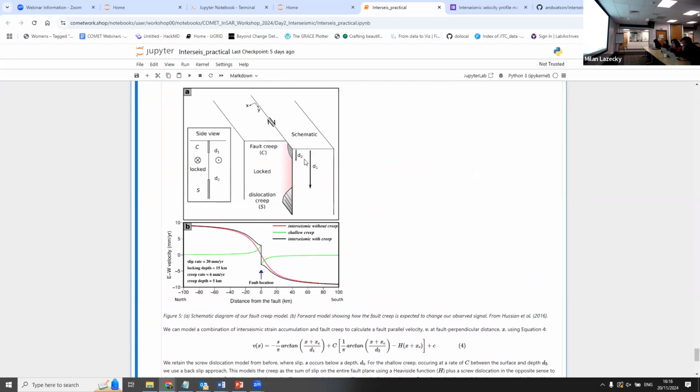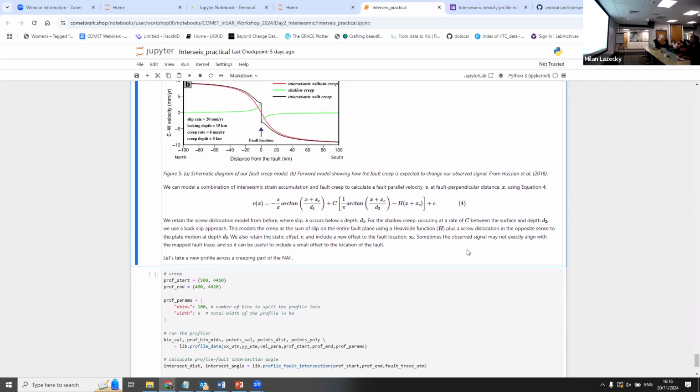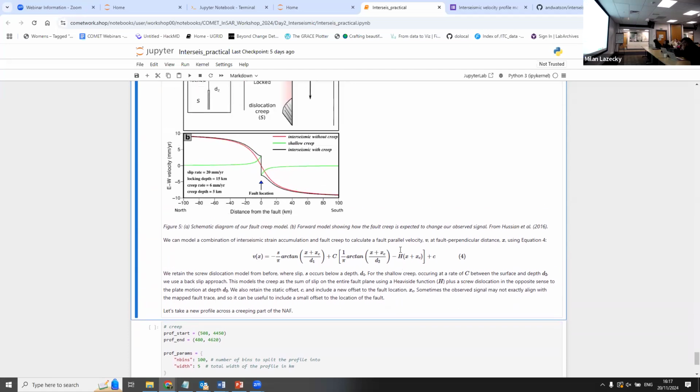We think the creep happens between the surface and the depth D2, the locking depth is D1, and the creeping rate is C. And H is the Heaviside function, a step function. When your input is negative, it outputs 0. If your input is positive, it outputs 1. So it's just a pure step function.